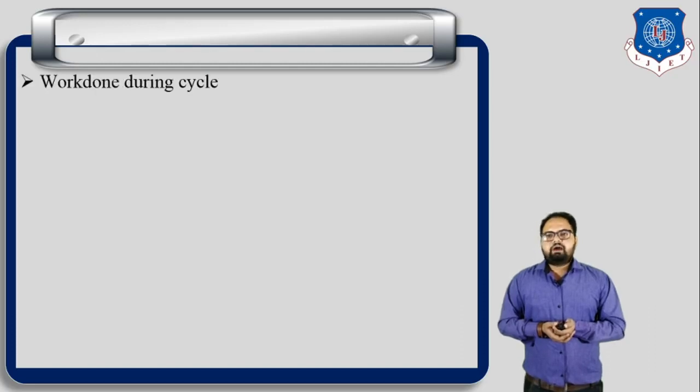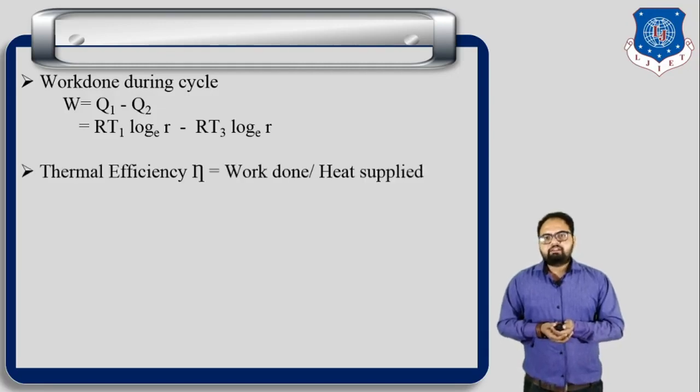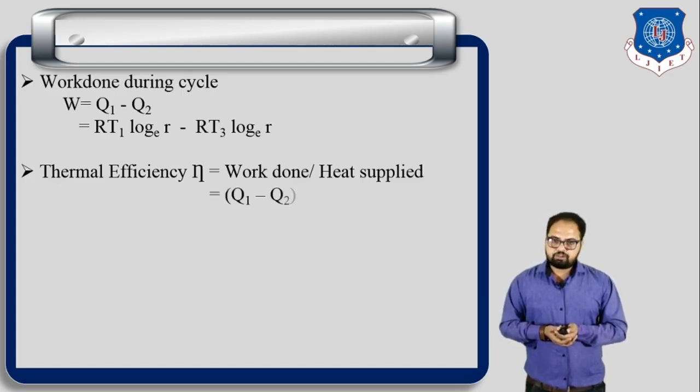Okay. Now, work done during the cycle. Work done W is equal to Q1 minus Q2, which is equal to Qs minus Qr, which is equal to RT1 log r base e minus RT3 log r base e. And if we divide this equation by Qs, we get the equation of the thermal efficiency.